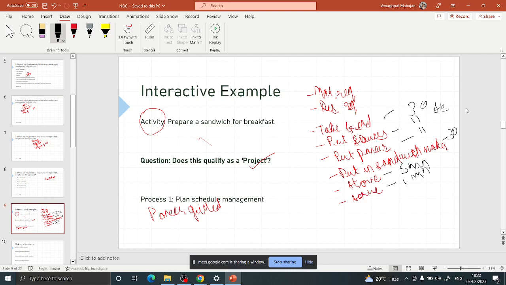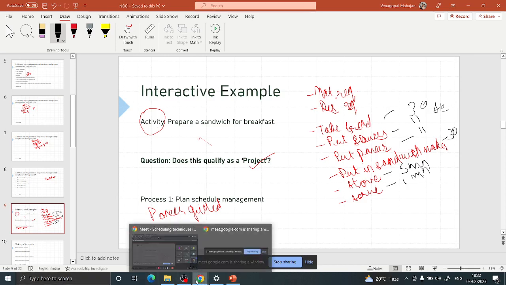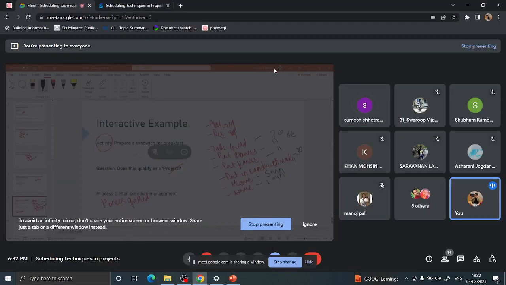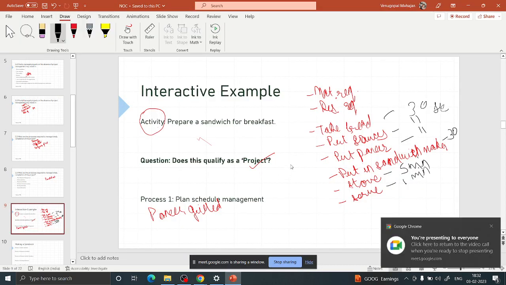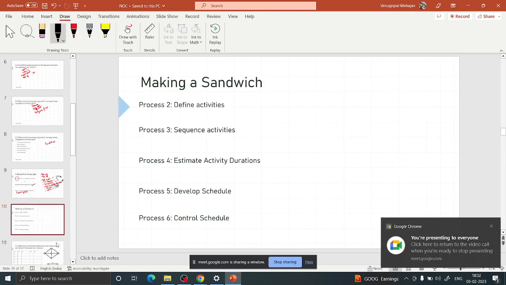Obviously, we are talking about time. If you have 10 sandwiches to prepare and only one sandwich maker, you will still have to wait for 5 minutes, right? Yes, sir. So I guess you get an idea of what is happening when we talk about activities in parallel. Yes, sir. I get it.